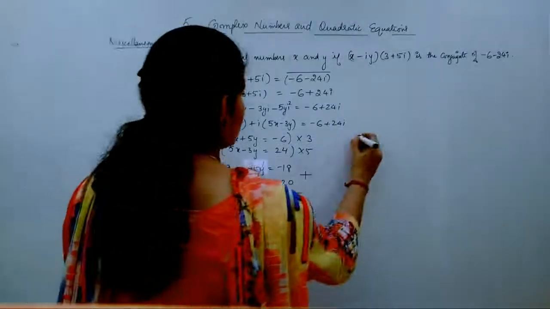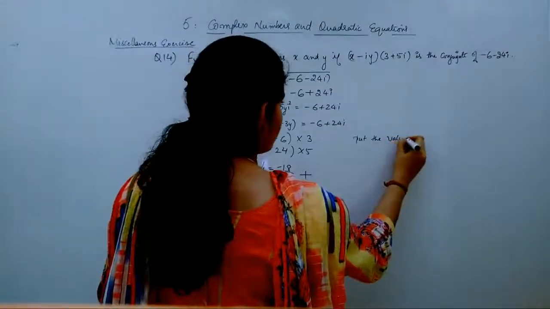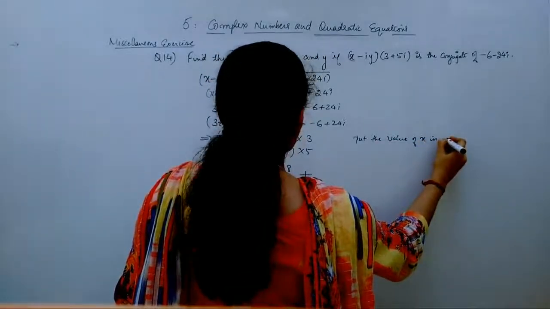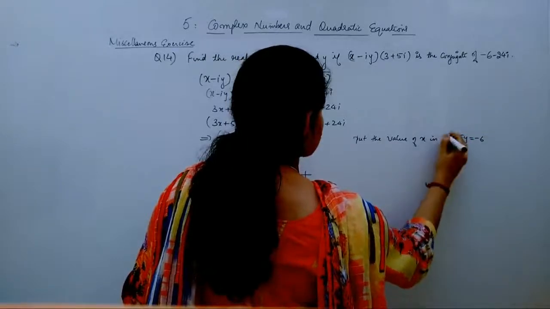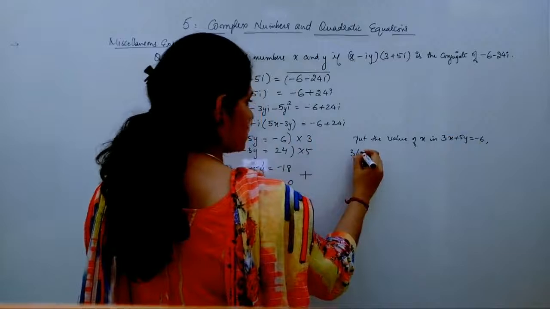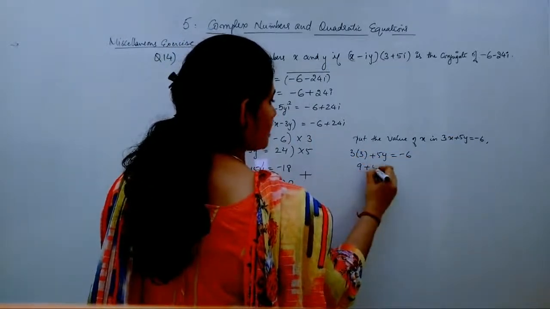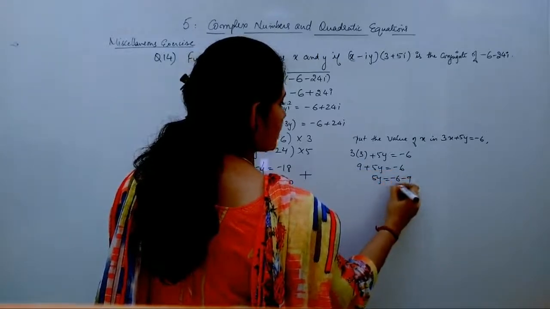If I am using the first equation, that is 3x plus 5y equal to minus 6, put the value of x in 3x plus 5y equal to minus 6. What I'll get is 3 into x value is 3 plus 5y is equal to minus 6. 9 plus 5y equal to minus 6. 5y equal to minus 6 minus 9.